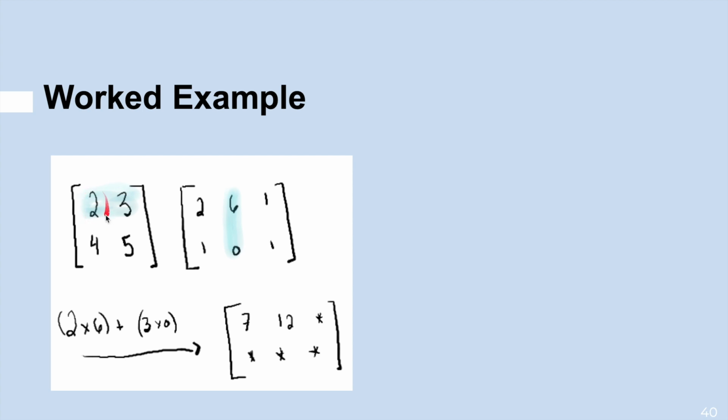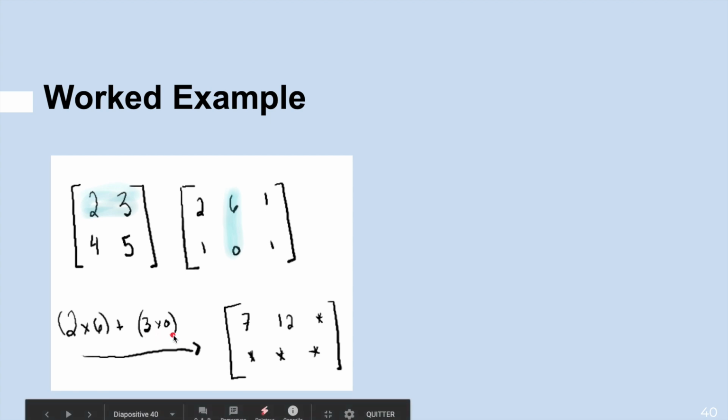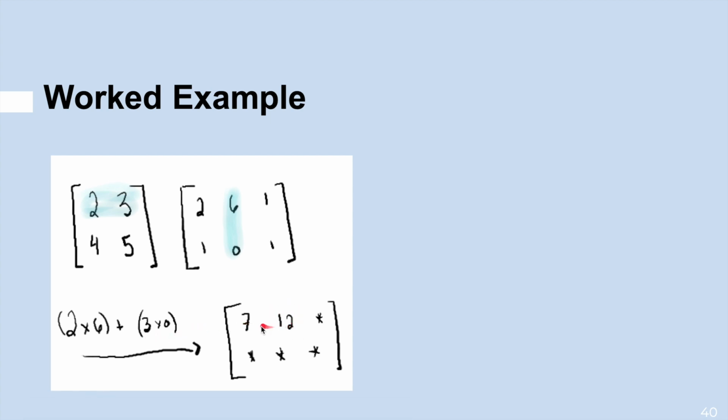First number multiplied by the first number. So 2 times 6. And then I add second number multiplied by the second number. So 3 times 0. 2 times 6 is 12, plus 3 times 0 is 0. So that is 12. Remember from the last slide, we got 7. So I have 7 here and a 12 here.